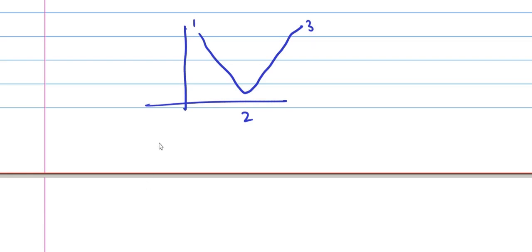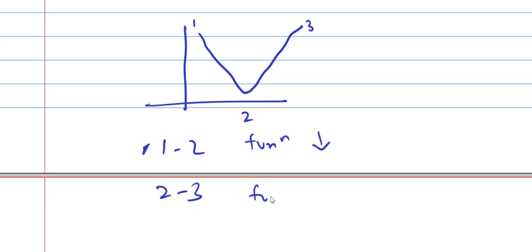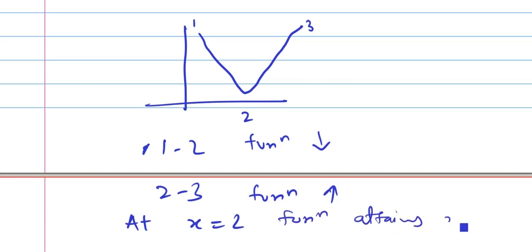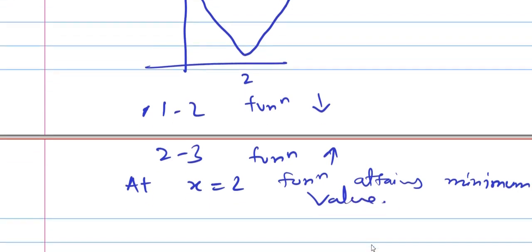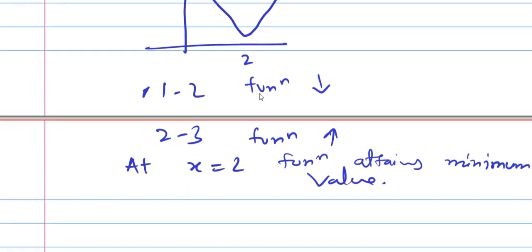And at 2, at x equal to 2, function attains minimum value. So here at this 2, we can say that value of x is also 2. So here we will say that this point is nothing but the stationary point.